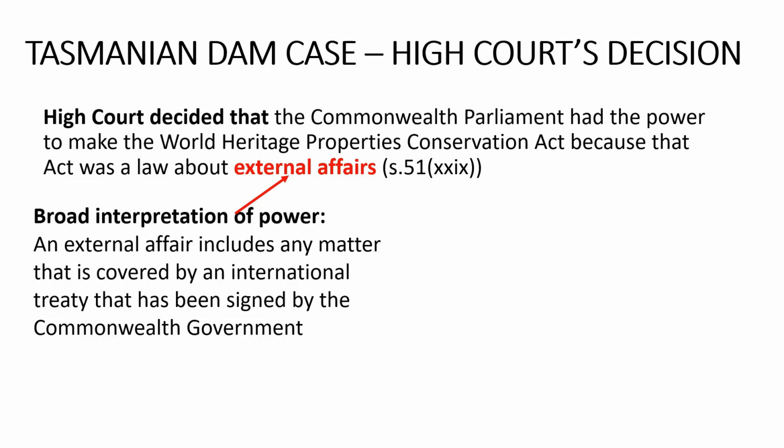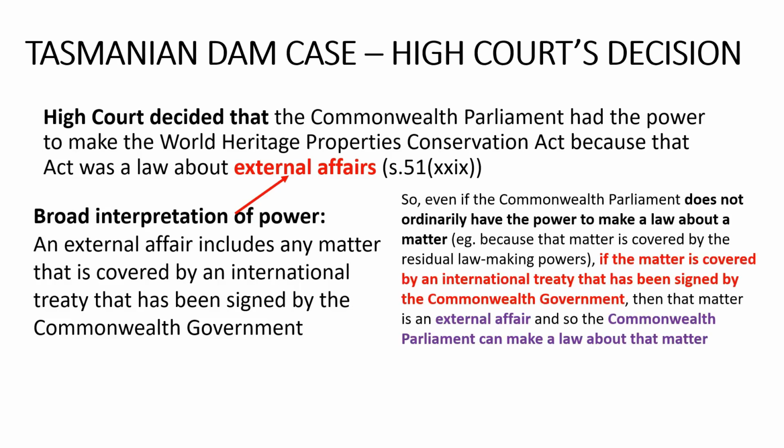The effect of the High Court's decision is that even if the Commonwealth Parliament does not ordinarily have the power to make a law about a matter, for example because that matter is covered by the residual lawmaking powers, if the matter is covered by an international treaty that has been signed by the Commonwealth Government, then that matter is an external affair, and so the Commonwealth Parliament can make a law about that matter.